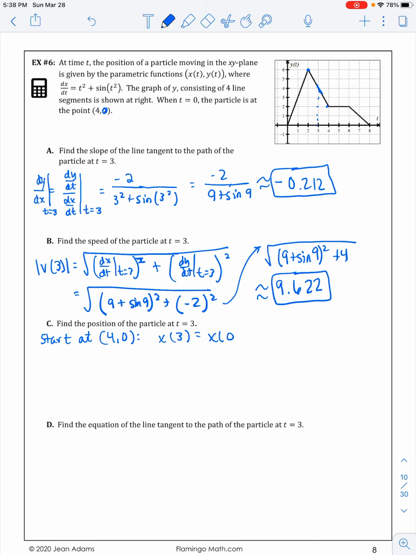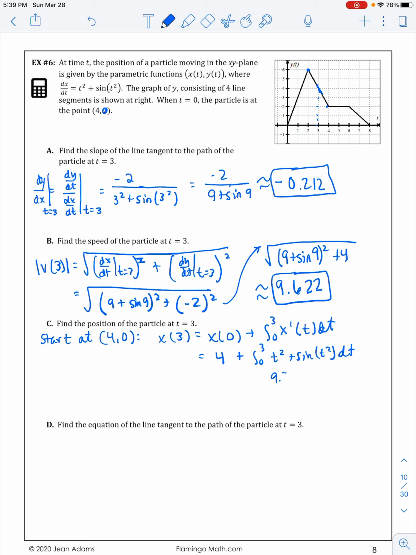Okay, so our x of 3 is going to be our x of 0 plus the integral from 0 to 3 of x prime of t dt. So our x of 0 is 4 plus, and then I just put the integral from 0 to 3 of that t squared plus the sine of t squared dt.